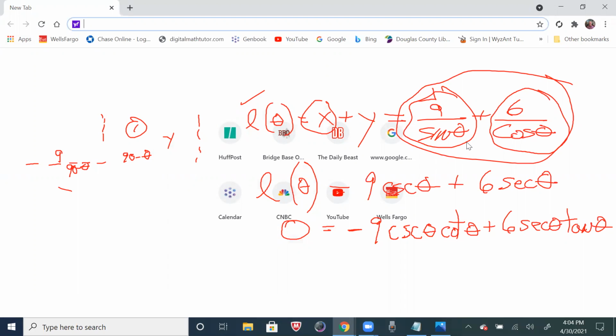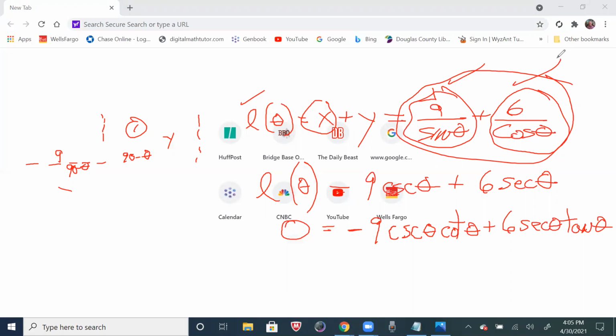Okay, we want to make sure it's an acute angle, and an acute angle would be anything less than pi over 2, so anything less than 1.5. Yes, so that is less. So it appears that we have a theta that at least makes sense. And now if you can come up with what 9 over sine of theta is plus 6 over cosine of theta, it should equal your 21 answer.